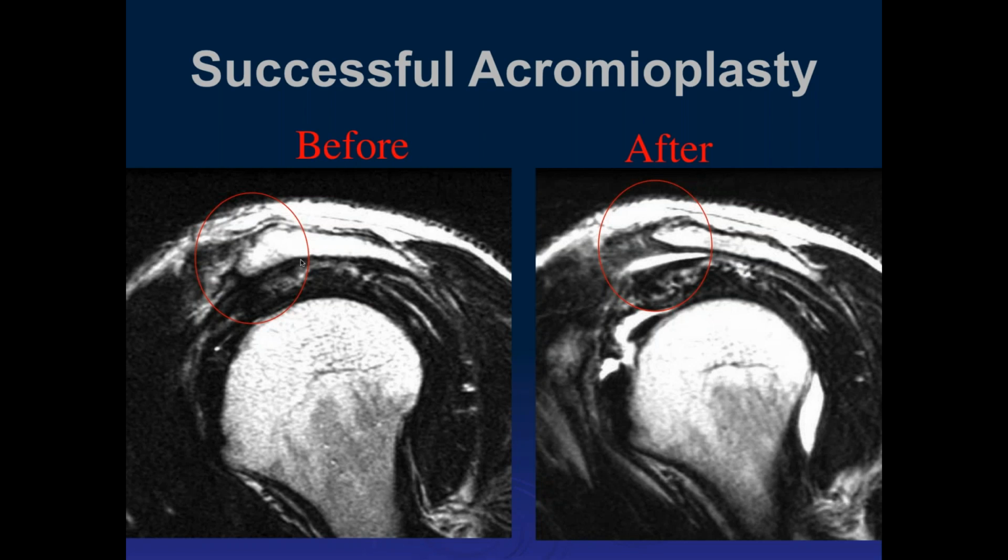The thing is, nowadays we don't operate on these as often as we used to. When Neer came out with his article, everybody and his uncle was on the table getting operated on. And these operations didn't turn out all that great. I recently saw, and I forgot where it is, I need to look it up again, published somewhere in the orthopedic literature that they did a survey in the United States of how frequently acromioplasties were done, and I think it was based upon billing data that were sent in for reimbursement.